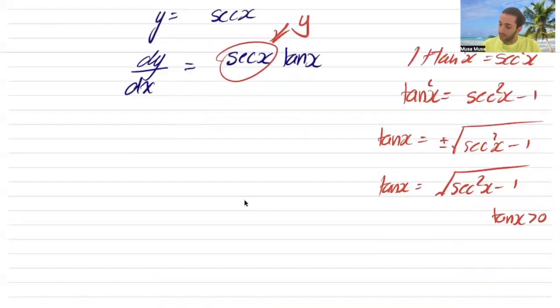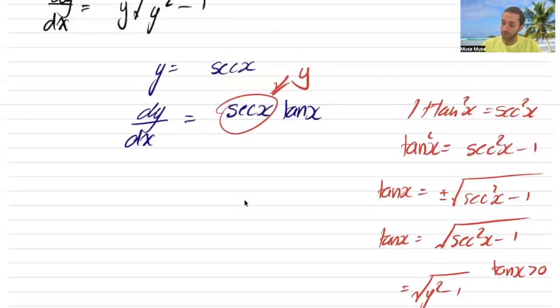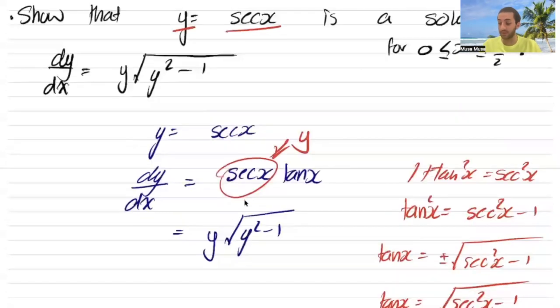And then this can be written as the square root of y squared minus 1. So now when we write out dy/dx, it's y square root of y squared minus 1. Obviously the answer would have been different if we had said from minus pi on 2 to 0.